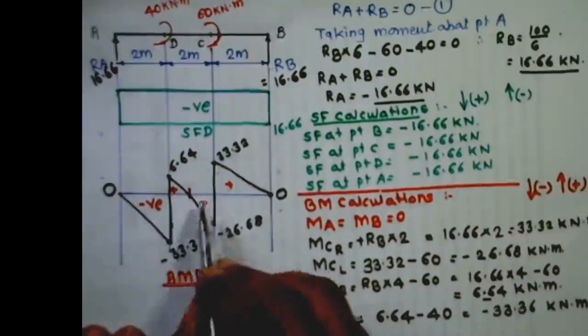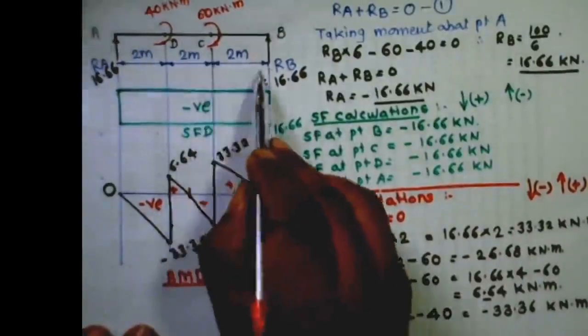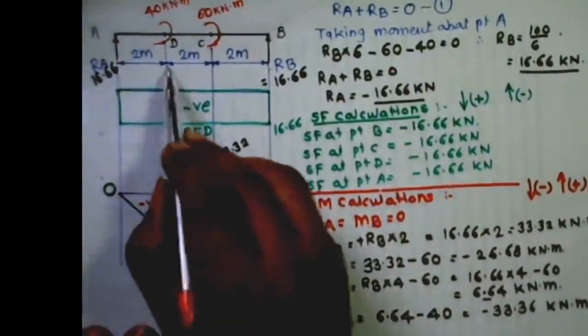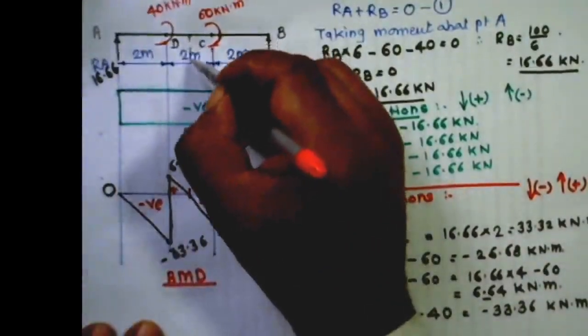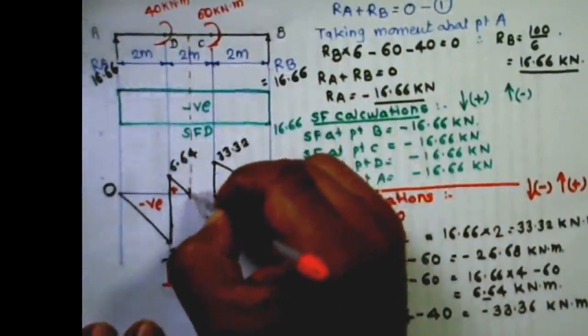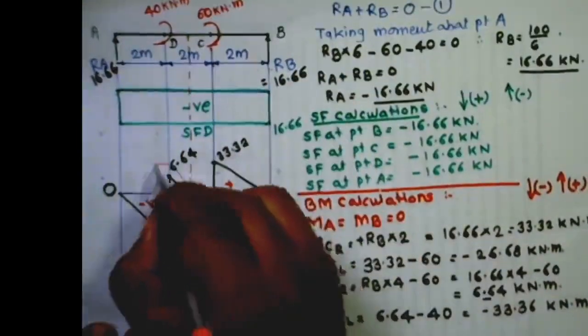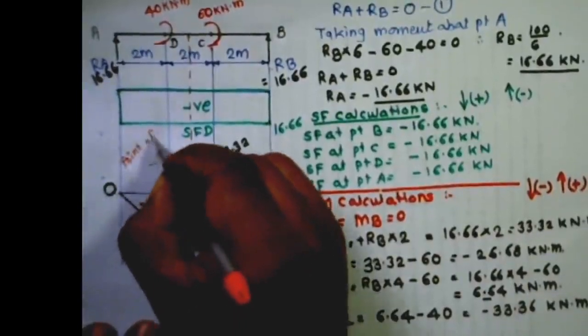Here also it crosses this line. But in that case we know these dimensions are 2 meter. In this also we know these dimensions are 2 meter, but we can't tell these dimensions, and that point is known as the point of contraflexure.